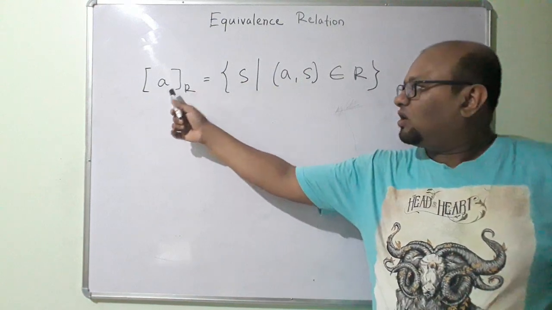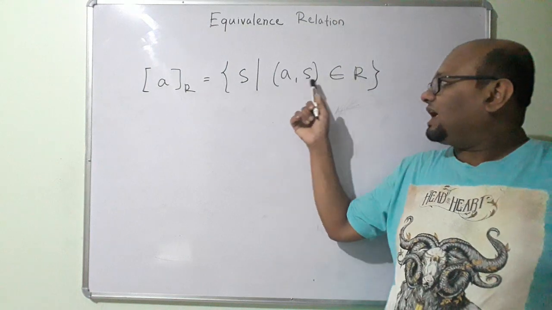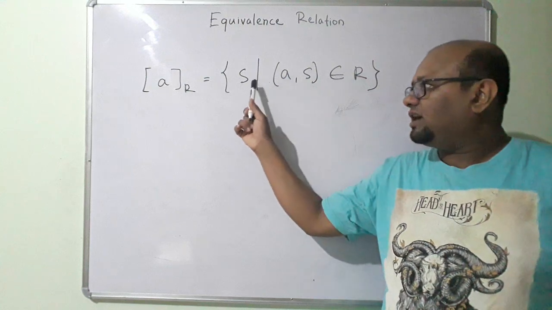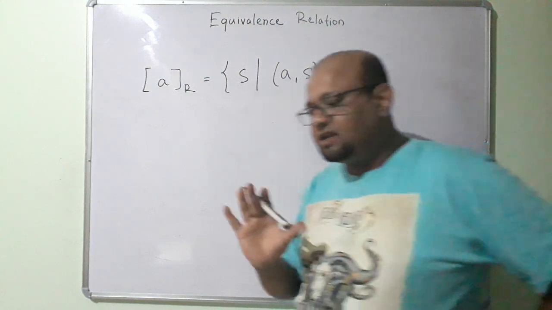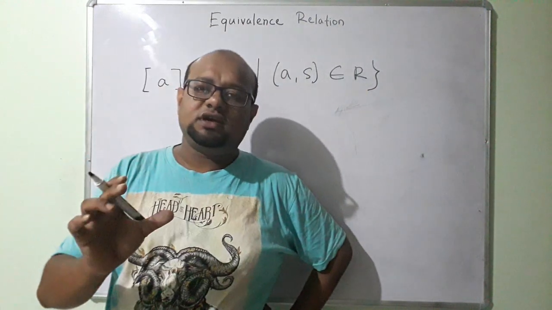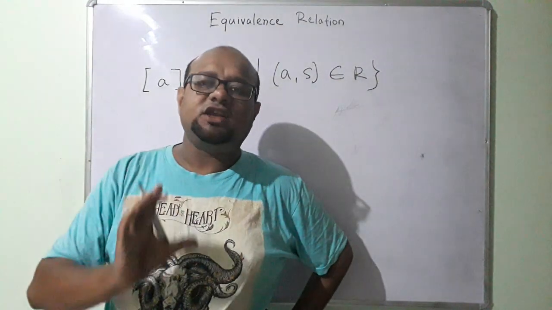So A, all the things that are related to A. If S is some element in the set that is related to A, then we say A and S are equivalent. That we said in the very beginning of this video, right? If AB belongs to the relation R and R is an equivalence relation, then A and B are equivalent.